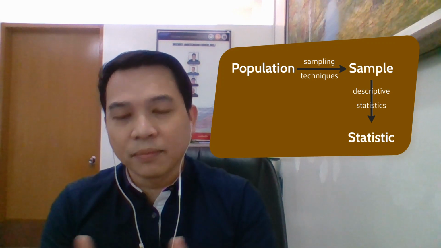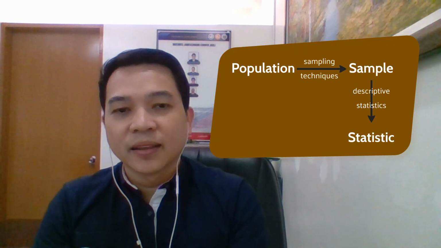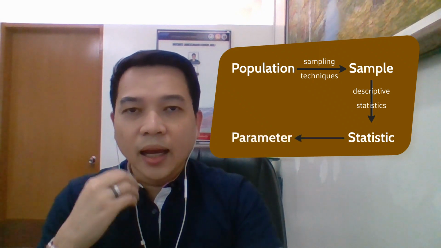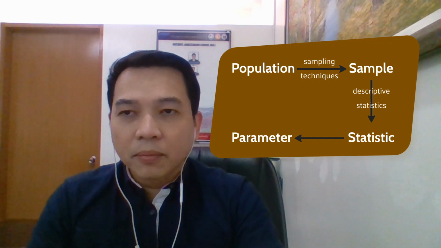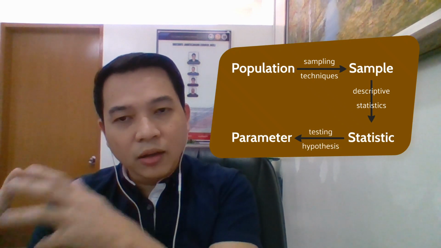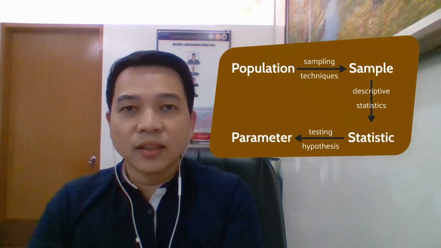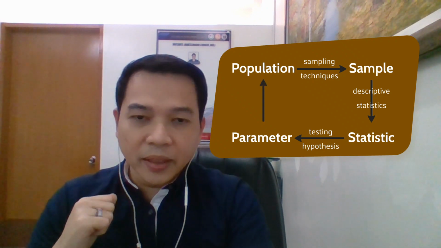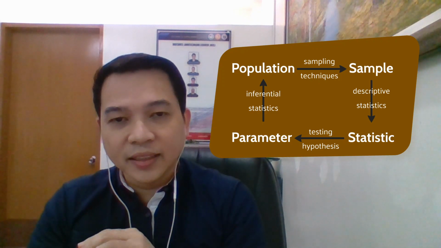We try to describe, from the root word, the realities of the sample size. And out of the statistic, we try to again arrive at how this is also reflective of the entire population through the parameter, the measurement of the population. So from this, we might extract conclusions, and the process of which is what we call the inferencing or the testing of hypothesis. And arriving and confirming this parameter for the population is what we call the inferential statistics part.